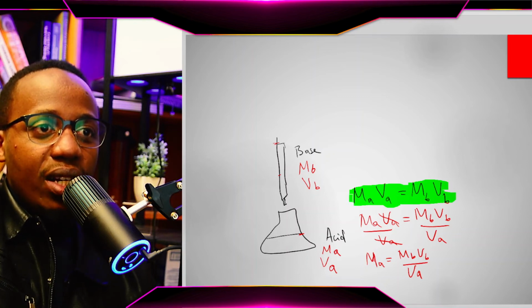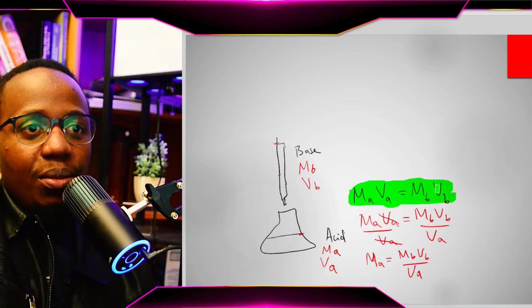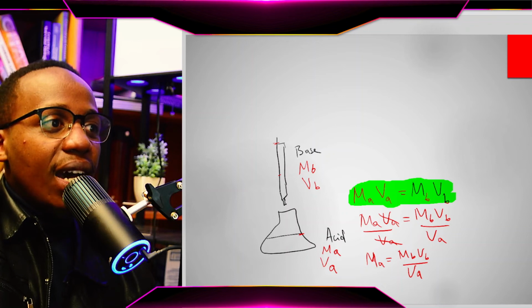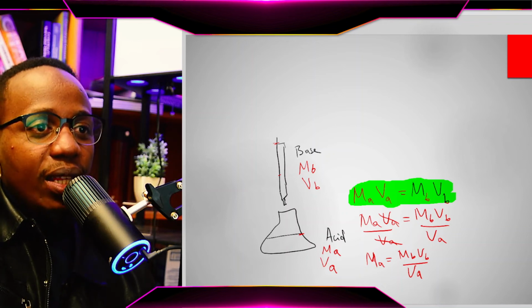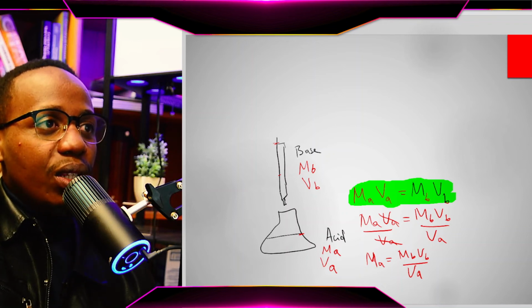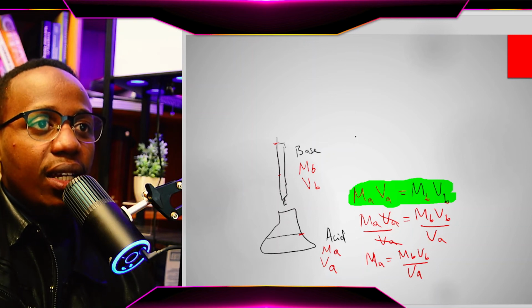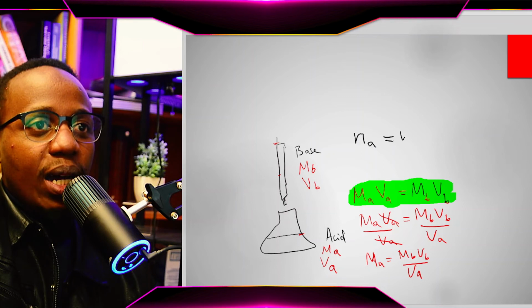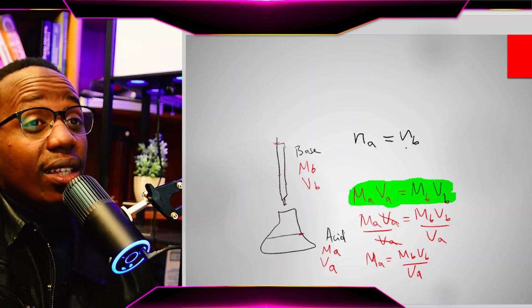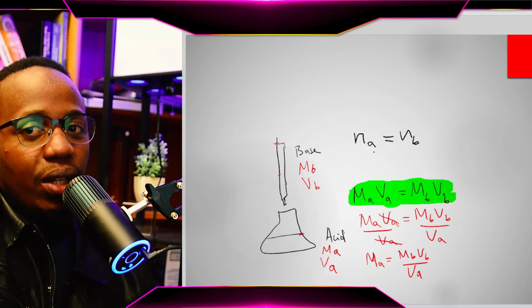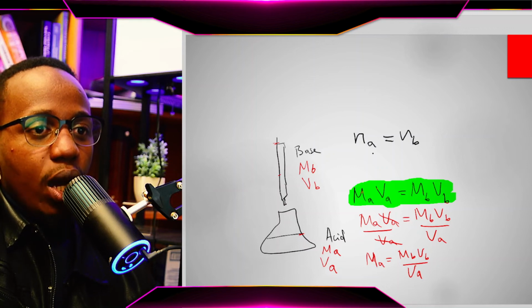Now you might be wondering where this formula comes from. This formula comes from the fact that at equivalence point, the number of moles, let's call it N, of acid will be equal to the number of moles of base.